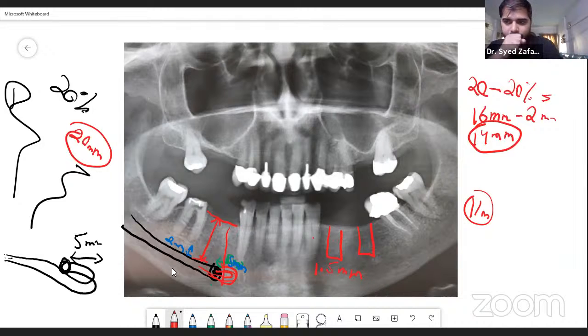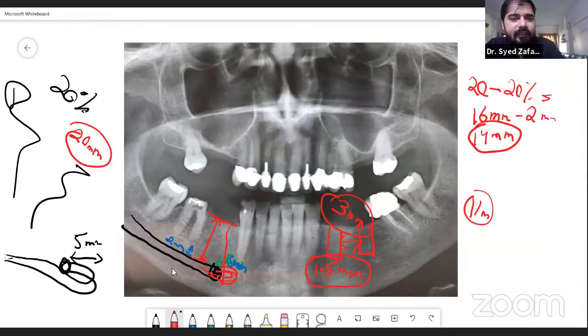After placement, there must be more than 1.5 mm space, not less than 1.5 mm. This is the ideal guideline. And if there are 2 implants, there should be almost more than 3 mm space between them, not less than 3 mm.